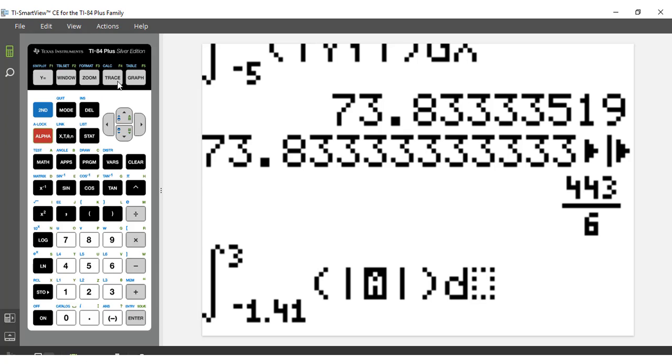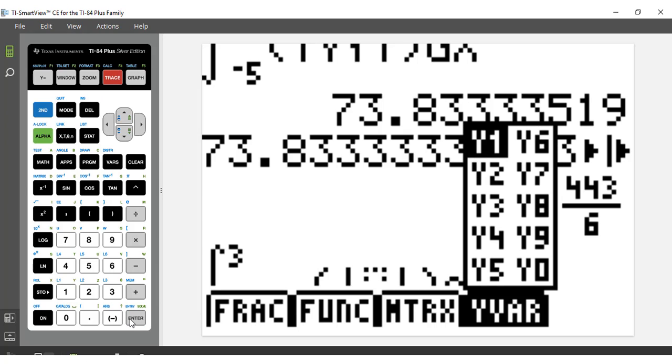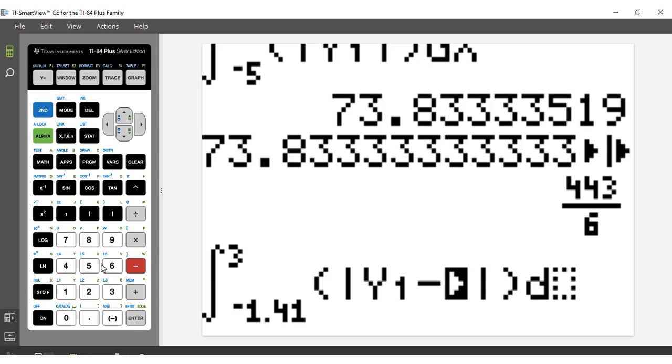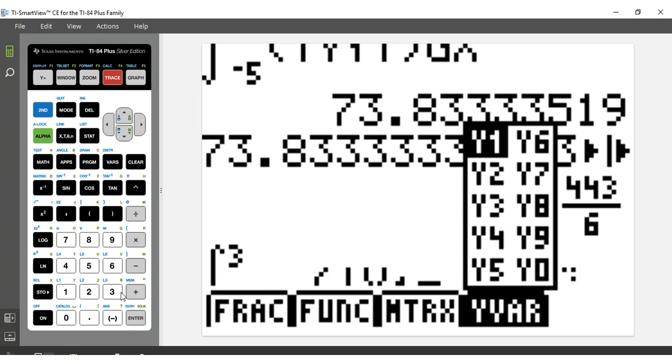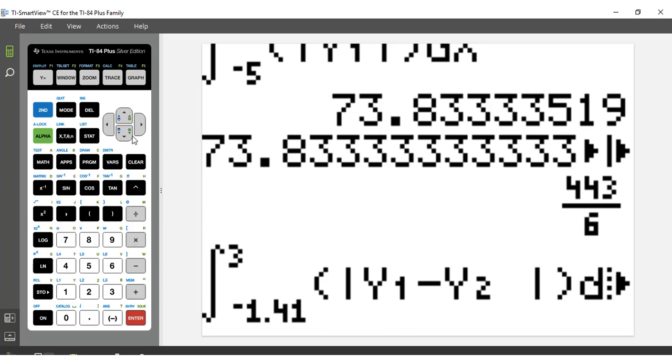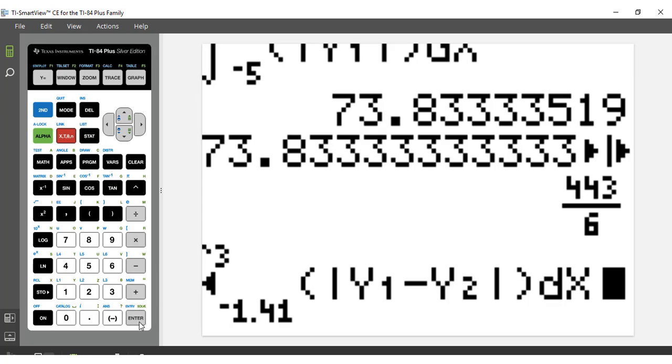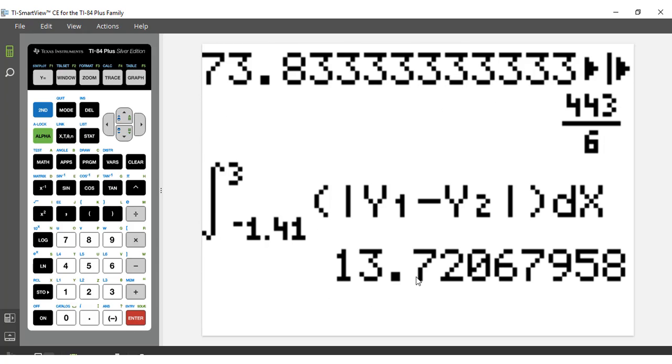Then go to alpha trace, use y1 minus alpha trace y2. Then here is a dx. Enter. This will be the area we are looking for, enclosed by those two functions. For the absolute value, you can use y2 minus y1 here. It doesn't matter.